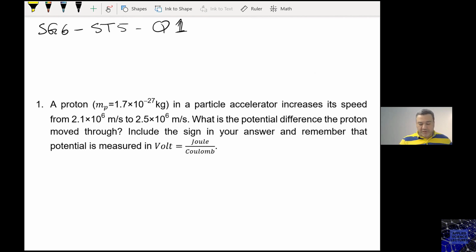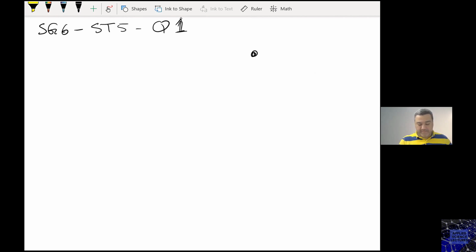Okay, so drawing this, so we have a proton, a plus with a speed V1, and then using particle accelerator, this proton achieved V2. The potential here was V1, the potential here is V2.